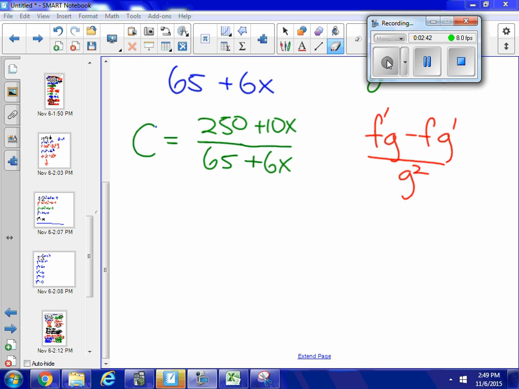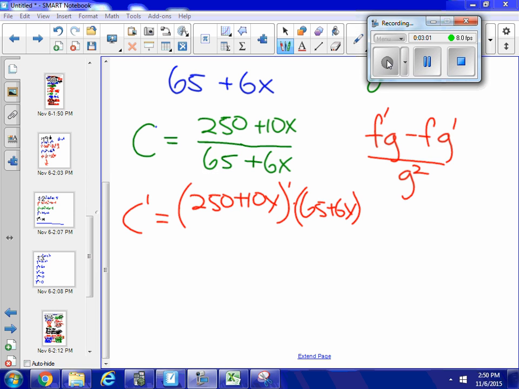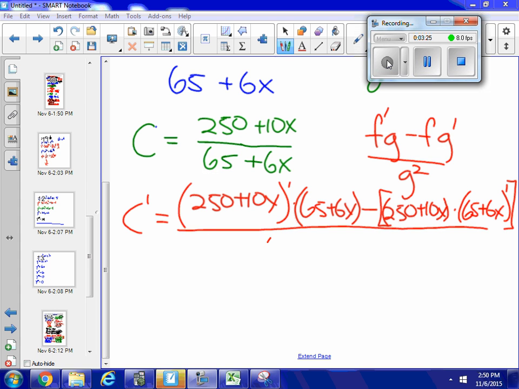I should have put the C prime there, that's just C. C prime is equal to the derivative of 250 plus 10x times 65 plus 6x, minus 250 plus 10x times the derivative of 65 plus 6x, and all that is divided by 65 plus 6x squared.